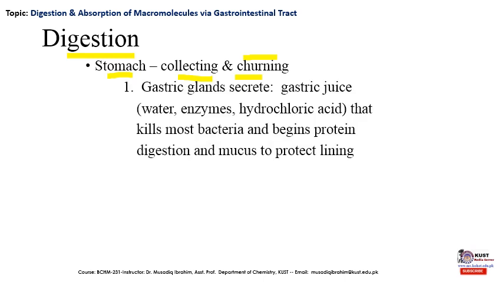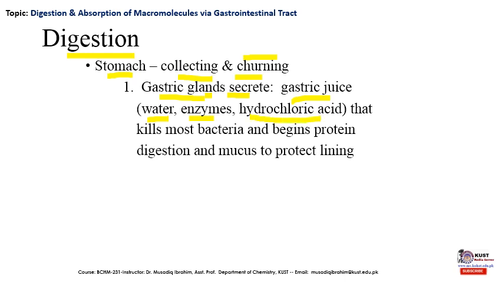Now, in digestion within the stomach, the collecting and churning of the food is taking place. Churning means proper mixing of the food particles. Within the stomach, the gastric glands are present, and their purpose is to secrete gastric juice, which is composed of water, enzymes, and importantly the hydrochloric acid.